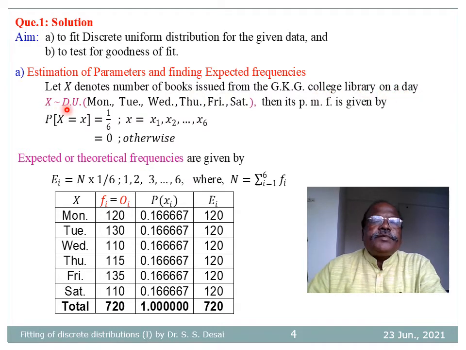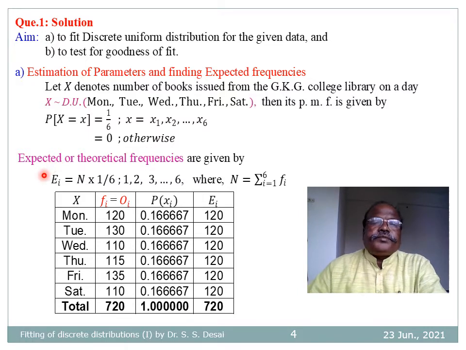Here X follows discrete uniform distribution over 6 working days of the week. Then by the theory, its PMF is given by probability that X is equal to x equal to 1 by 6, as there are 6 working days, for x equal to x1, x2, ..., x6, 0 otherwise.